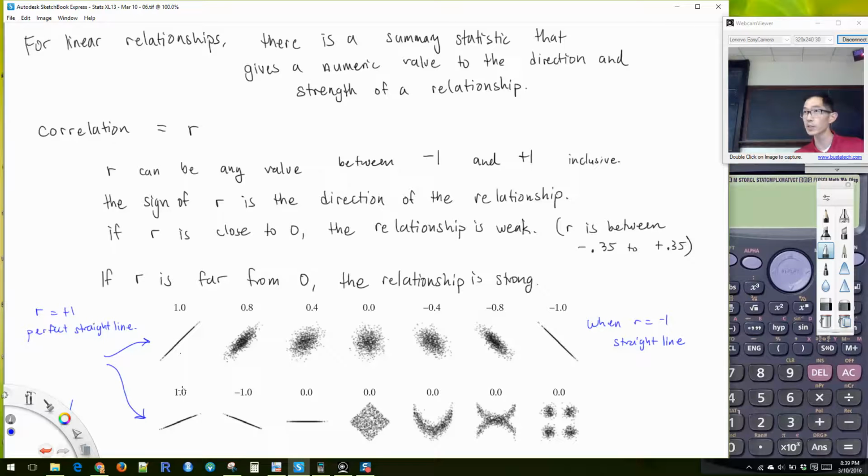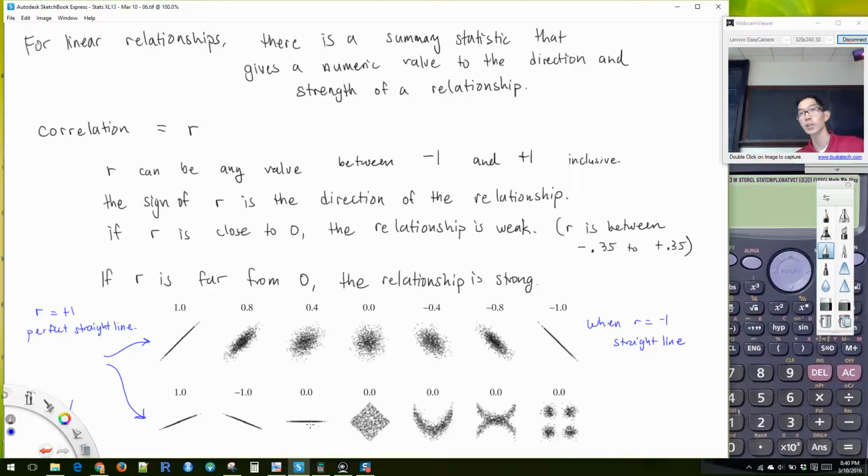Does that make sense? So the slope doesn't matter. This one is steeper and this one is less steep, but both have R equal to plus 1. This one is neither positive nor negative, so R equals 0. It's a straight line, but neither positive nor negative, and that makes sense. Is there a relationship between x and y here? No, because y is just constant. No matter what x is, y is the same value.